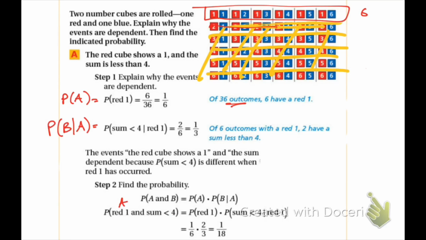This is event A, and here's the conditional event. Well, I just take both of these and multiply them together, so you get 1/18. So that is the conditional, or the dependent probability, of rolling a red 1 and the sum being less than 4. It's 1/18.